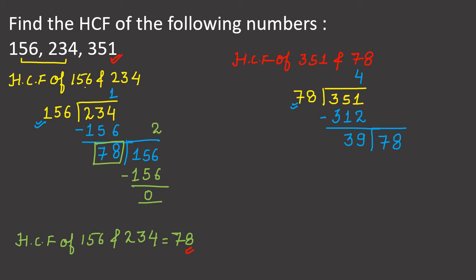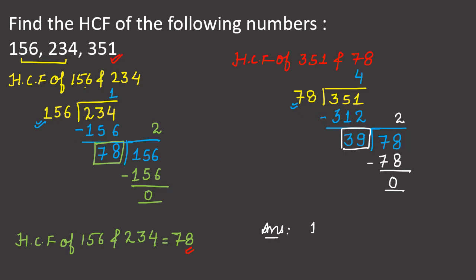Now divide 78 by 39. You will get 39 twos are 78. Remainder is 0. So the final divisor, that is 39, will be the HCF of all three numbers.